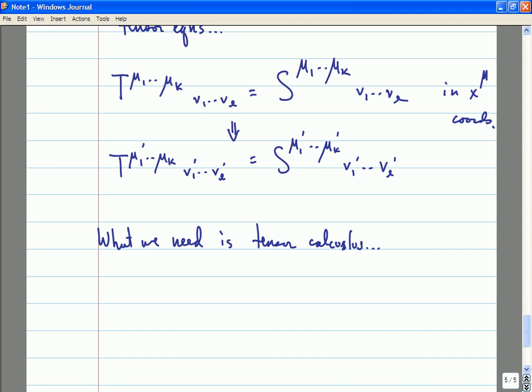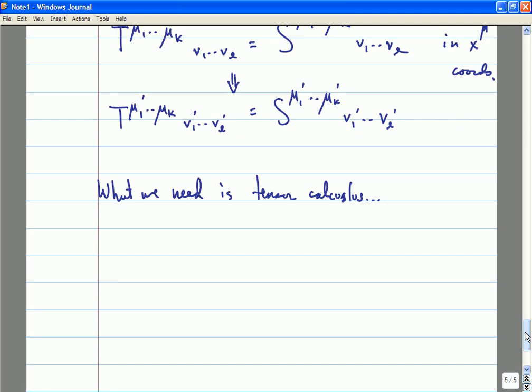Why is that? Well, the equations of motion of physics are differential equations. They involve taking derivatives. So we need to know how to take derivatives of tensors in a way which is consistent with our principle of general covariance. And why is this tricky?